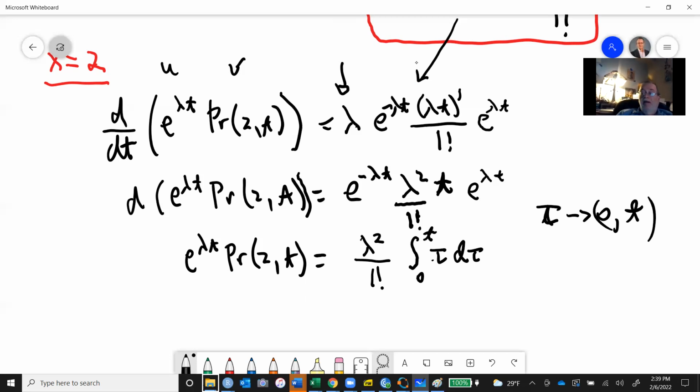The way we do these integrations, it's the antiderivative, right? So the antiderivative of t is t squared over 2.